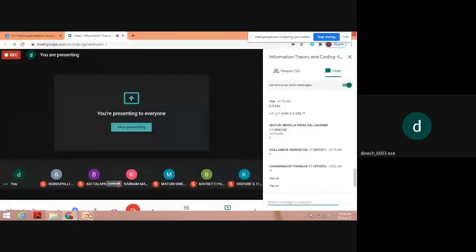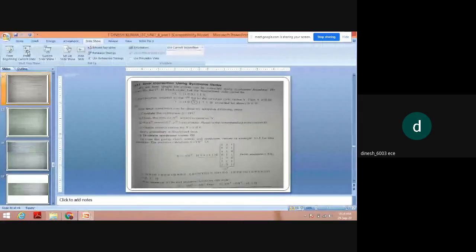So this is equally applicable for single bit error correction. You can see what x is. X is 1 0 0 1 1 1 0. This is error correction using syndromes. So this is single bit error correction.